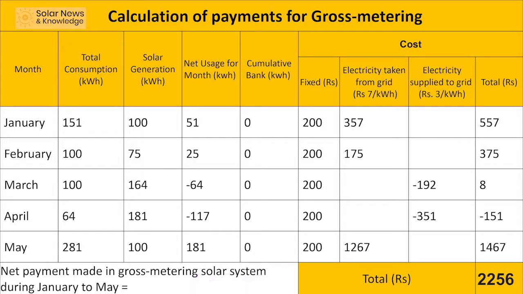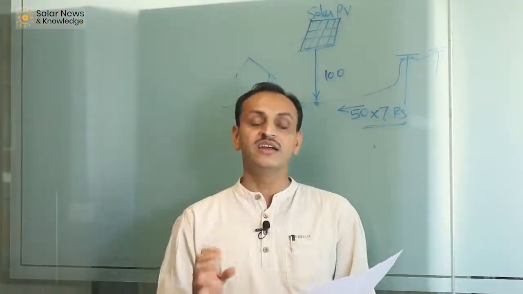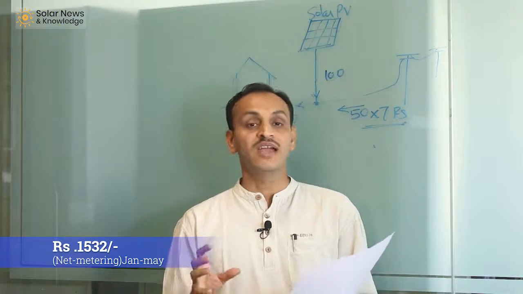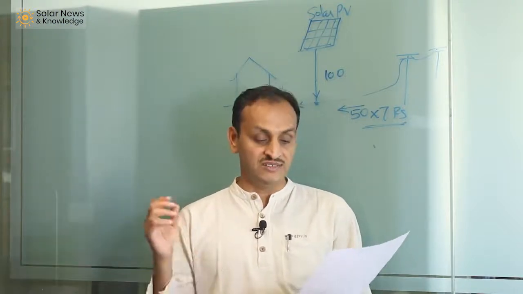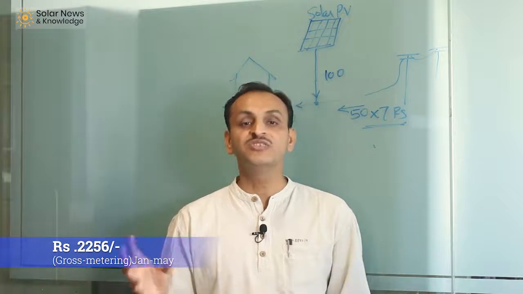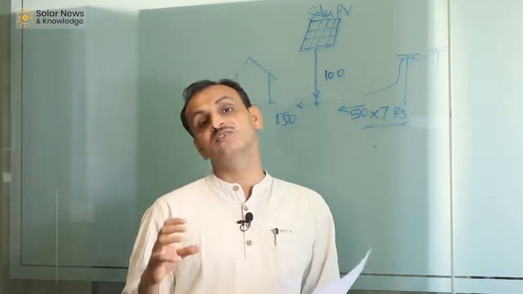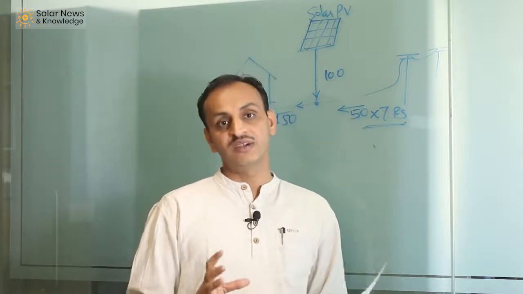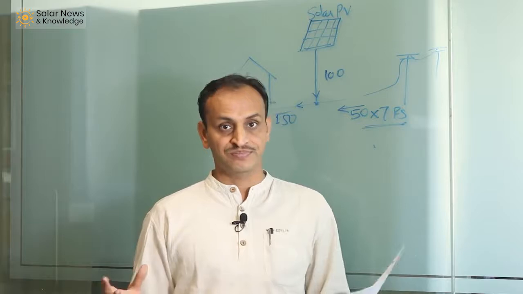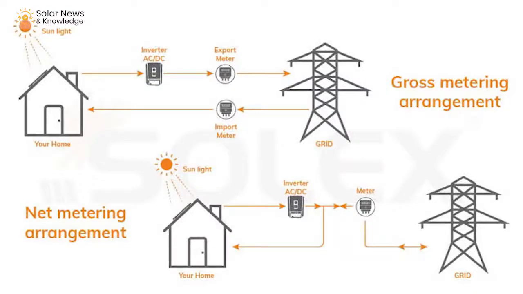So if you compare the total bill of Ramesh over the 5 months, when it is net metering it is 1532 rupees, while the total bill when it is net billing or gross metering is 2256 rupees. So you see that Ramesh ends up paying more money under gross metering for exactly the same solar system and exactly the same electricity consumption at his home. And therefore, this is the difference between net metering and gross metering.